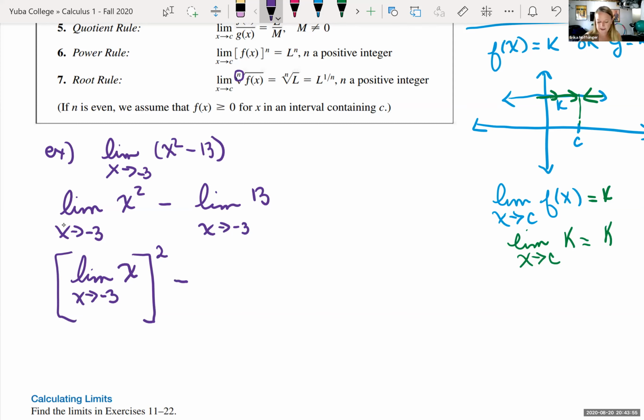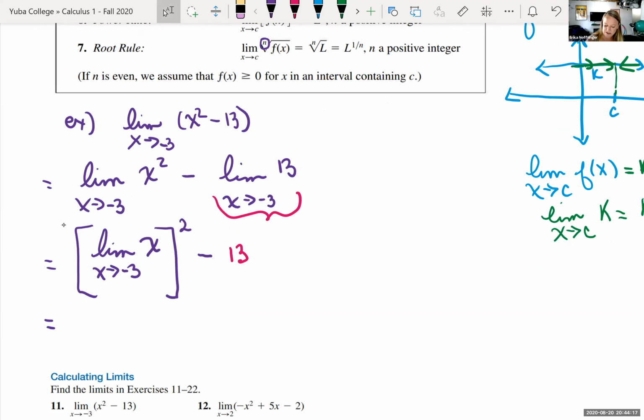Minus, well, the limit of a constant is always just equal to that constant. So this would just give me back 13. Using what I just showed you above, the limit as x approaches a value c of x is just that c value, in this case, -3.